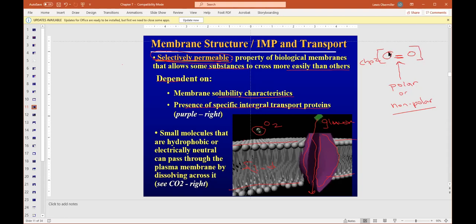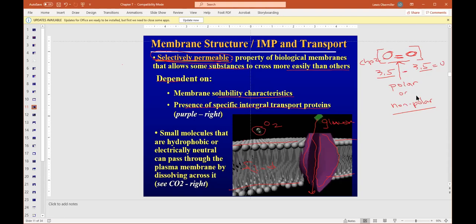Remember that all depends on electronegativity. So if you have 2 oxygens with the exact same strength, are they going to share or not? Yes, they're going to share equally because they have the exact same strength, right? 3.5 minus 3.5 is 0.